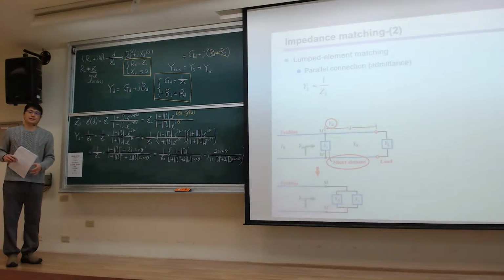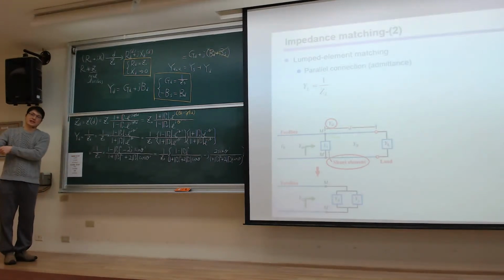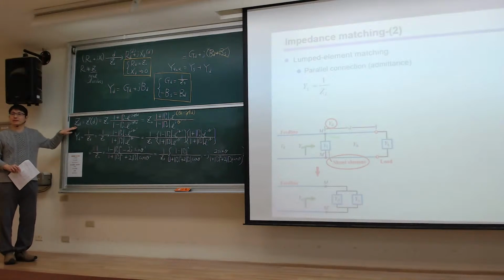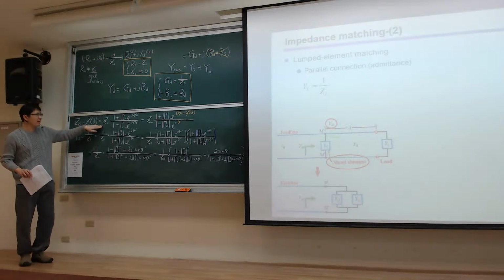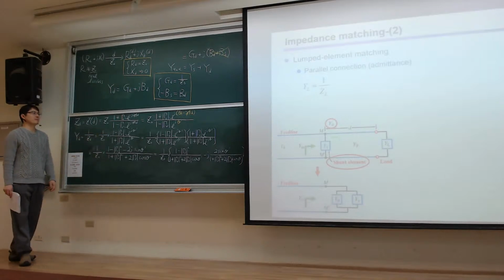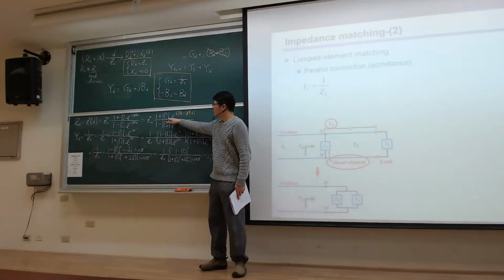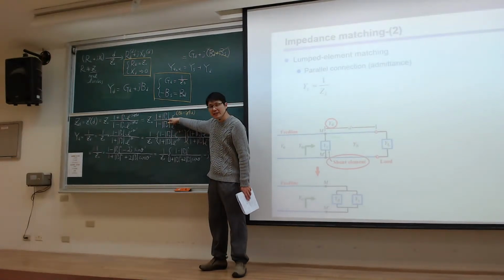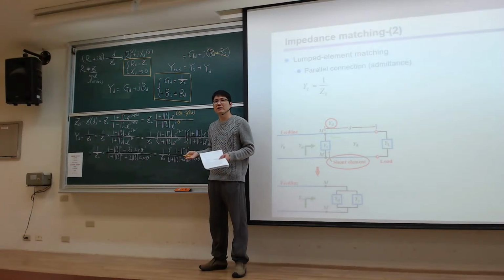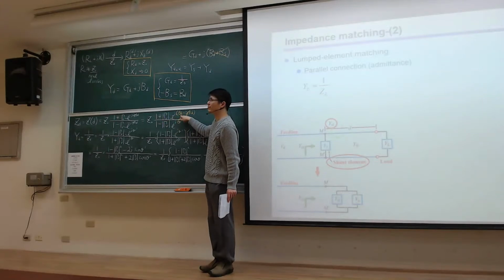All right, so let's go. Where should I start? I'm still starting from what we learned last class, the wave impedance. The wave impedance is defined by the total voltage phasor divided by the total current phasor. Now, remember, the reflection coefficient is usually itself a complex number, so I'm writing it as an amplitude with a phase.